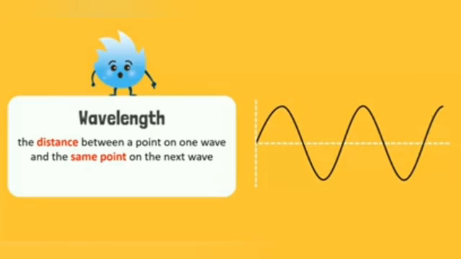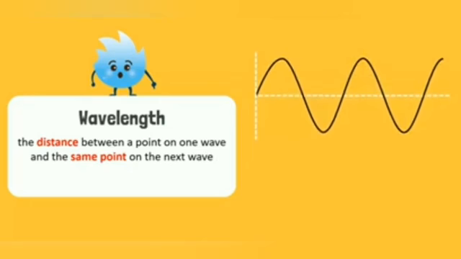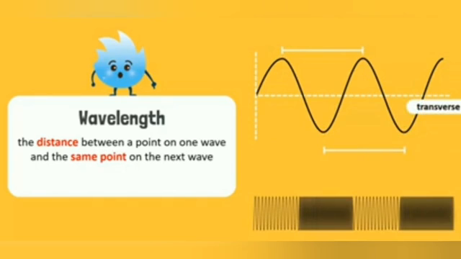Next, let us discuss wavelengths. A wavelength is the distance between a point on one wave and the same point on the next wave. For example, these two points can either be two consecutive crests or two consecutive troughs in transverse waves, or they can be the distance between two consecutive compressions or rarefactions in longitudinal waves.